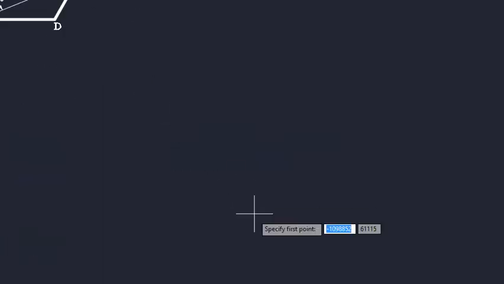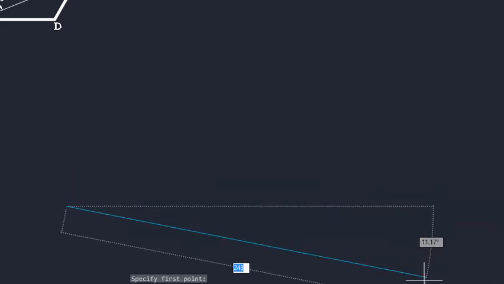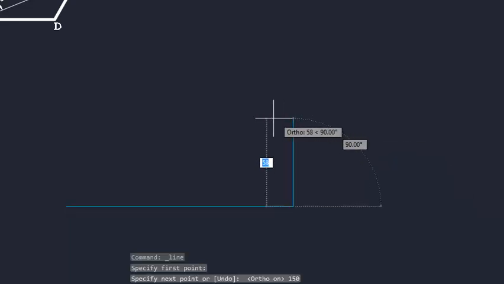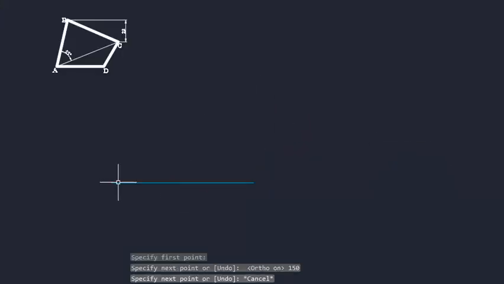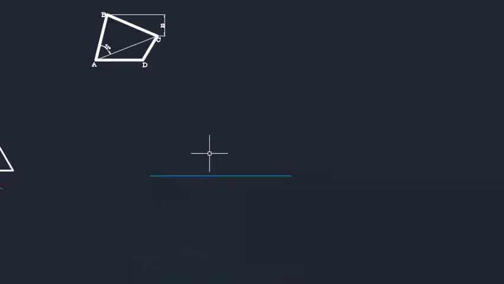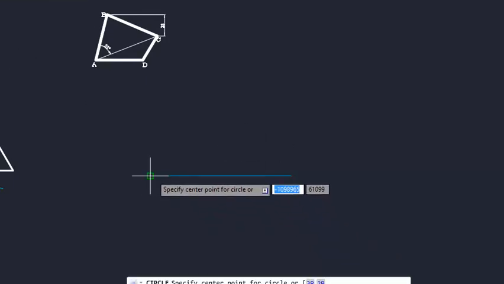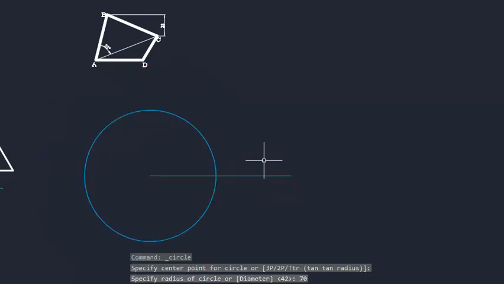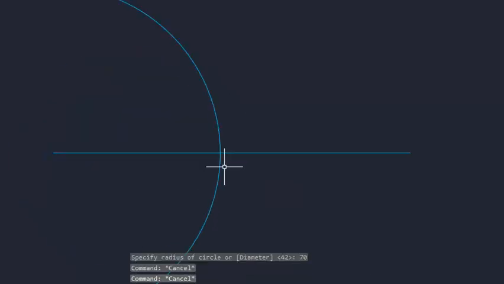So I draw a line equivalent to 150 millimeters. Now on that 150, I'm going to first measure off 70, because the given perimeter is for only two sides.